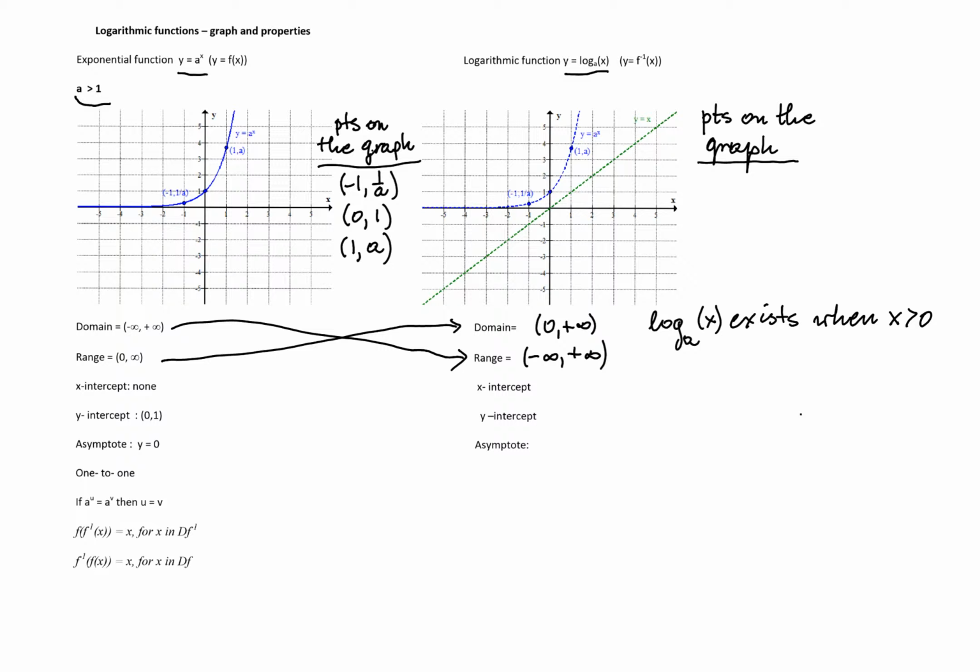The graphs of a function and its inverse are symmetric about the line y equals x. So knowing the graph of an exponential function, we can obtain the graph of the corresponding logarithmic function.